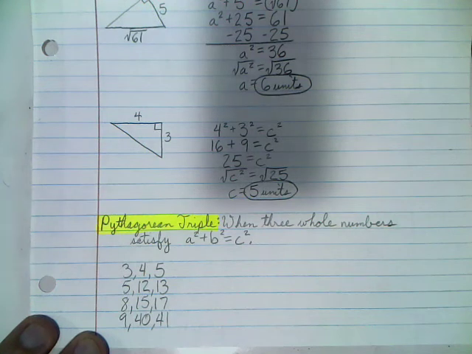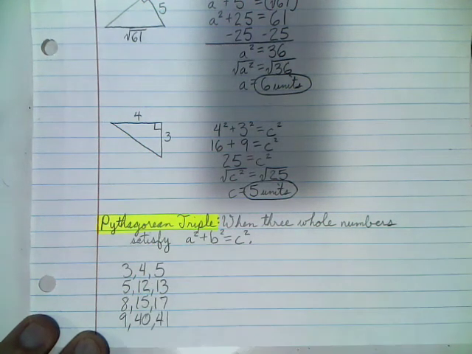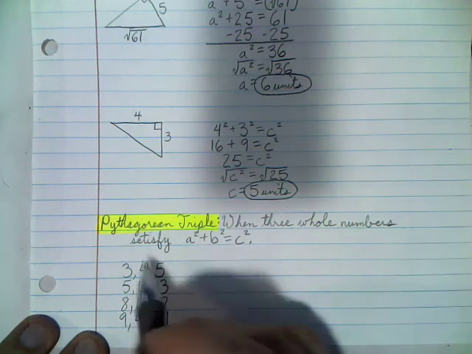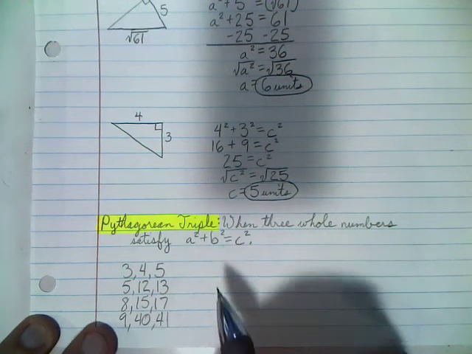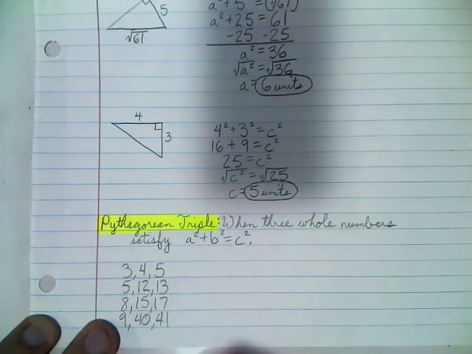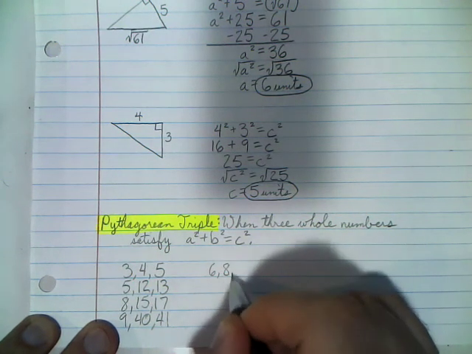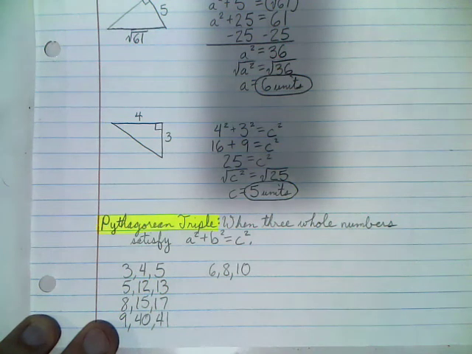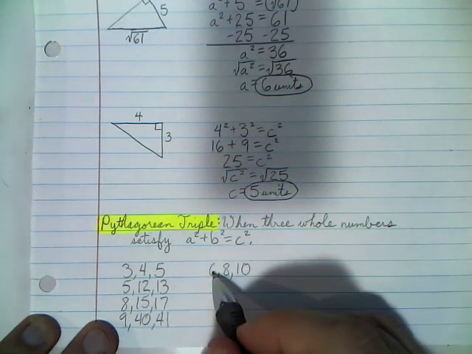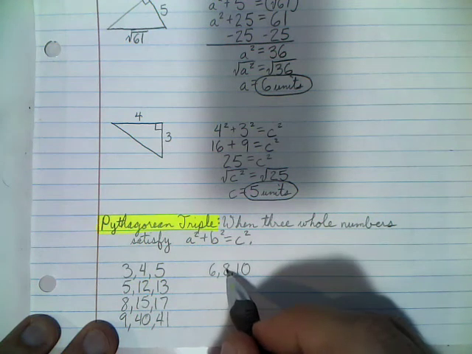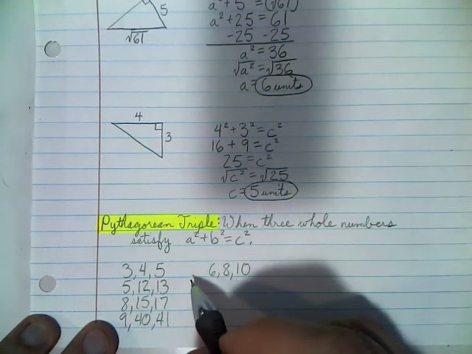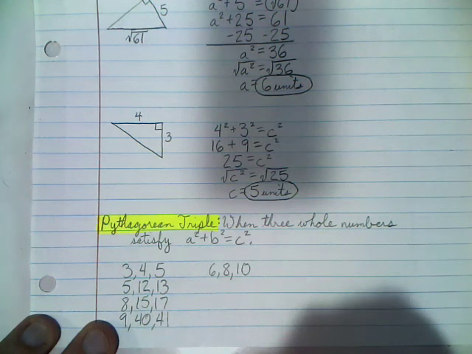Because it turns out that if you have a Pythagorean triple, any multiple of that will also be a Pythagorean triple. So if I come back here to my 3, 4, 5, if I just double each of those, 6, 8, 10, that is also a Pythagorean triple. 6 squared is 36, 8 squared is 64. Add the two of those together, you get 100, which is 10 squared.